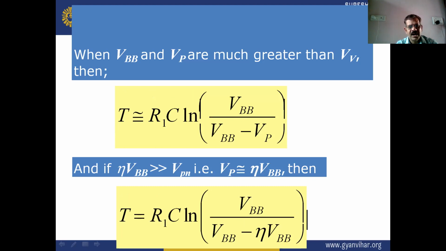And if the base voltage is very large compared to VP, and VP approximately equals eta into base voltage, in that case T equals R1 C natural log of base voltage upon base voltage minus eta base voltage.